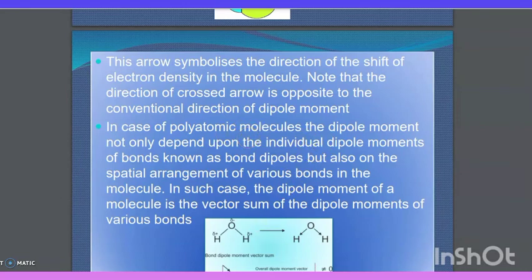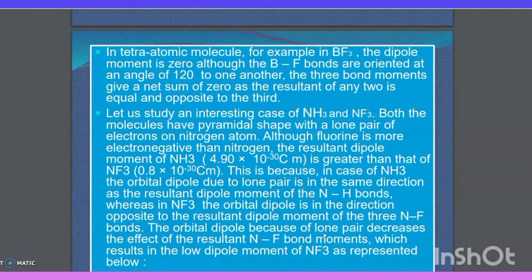If we check polyatomic molecules, the dipole moment depends not only upon the individual dipole moments, but also the spatial arrangement. So here we have to take the vector sum. Maybe the dipole moment direction will be in this way. A tetraatomic molecule is a molecule which has 4 atoms.